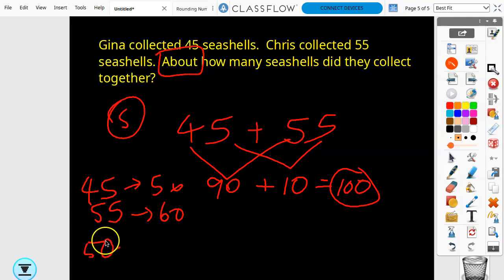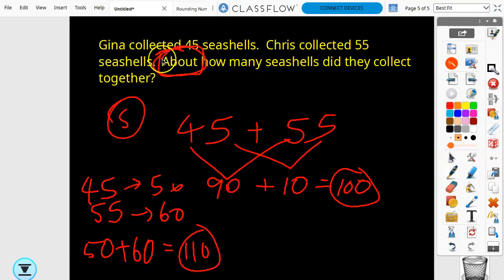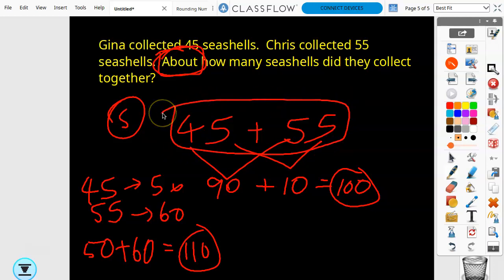And together is 110. That is the correct answer. So be very careful if you see about, estimate, close to, or approximately. Make sure to round first before you add or subtract. Do not find the actual answer, then round. You will get the wrong answer.